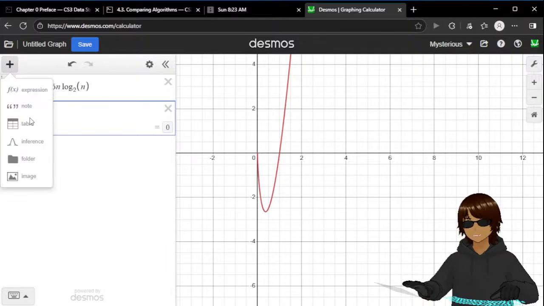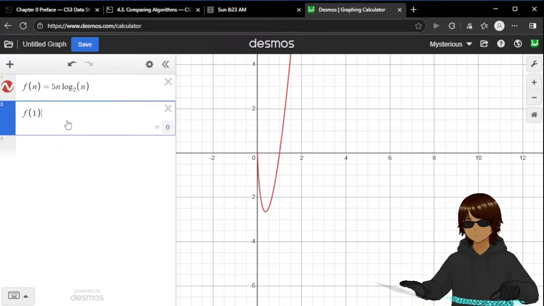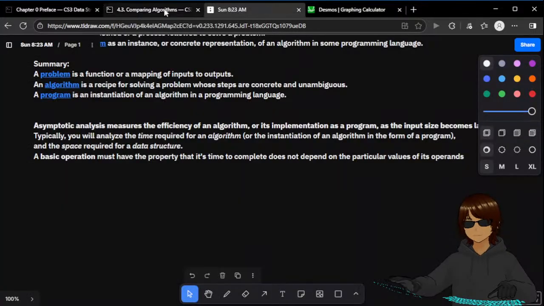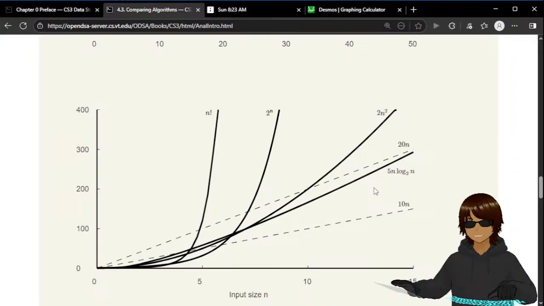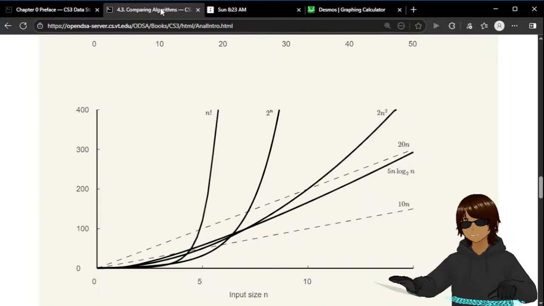How do I insert a table? Okay, let's compare 5 with 2 to the power of n. No, 2 to the power of n is smaller. No, it's not. 1 factorial.